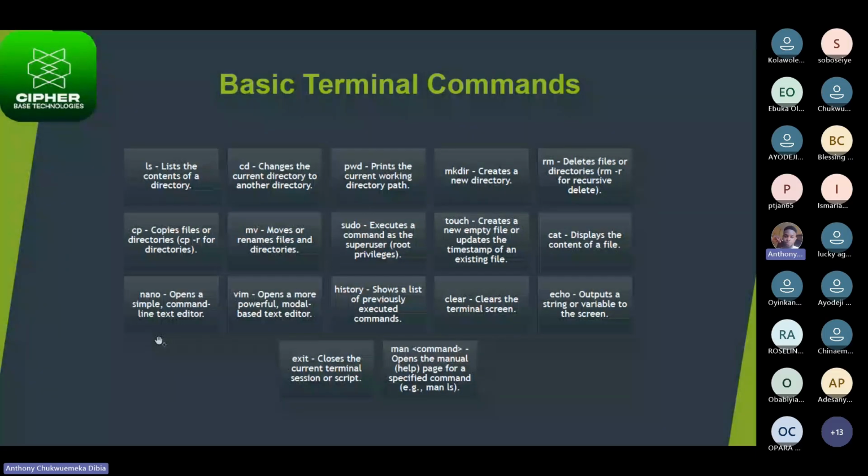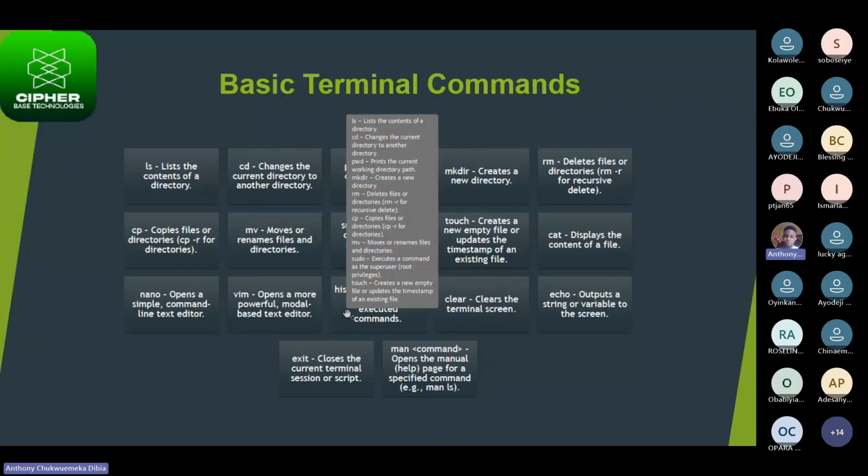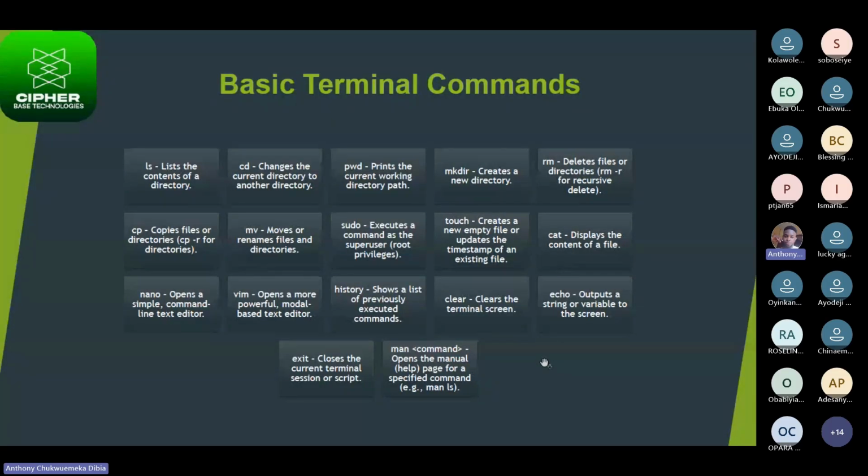Now we have nano. Nano opens a simple command line text editor, just like you have your text editor on your Windows. Then Vim is a more powerful text editor compared to Nano. Then we have history. History is to check the list of previous commands that you have made use of. Then we have clear. Clear is to clear the commands off the screen.